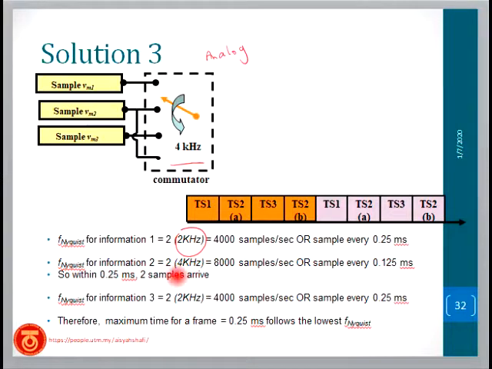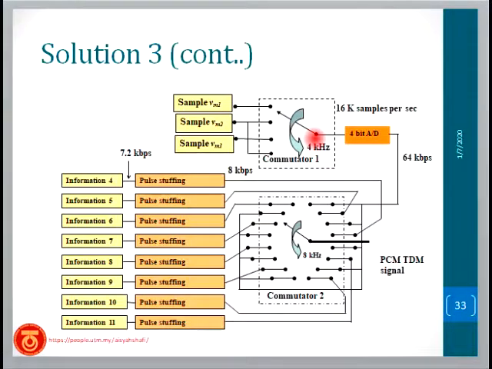The second is 2 times 400 hertz for 800 samples per second, and the third one is 2 times 2 kilohertz for 4,000 samples per second. Therefore, the maximum time for the frame is 0.25 millisecond, following the lowest Nyquist. So 4 kilohertz is 1 over 0.25 millisecond. And that one is for the analog signal.